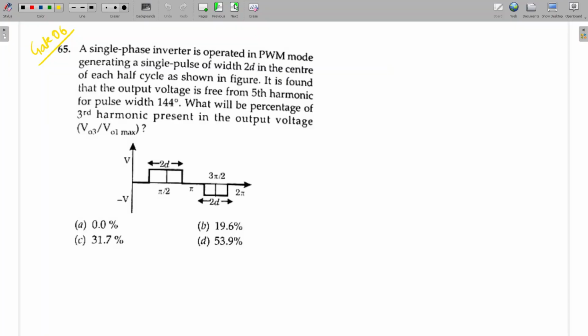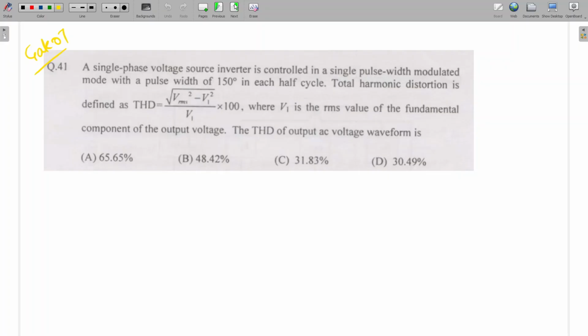Okay, so this question I will solve, but last I am taking some latest question. So this question, a similar kind of question, GATE 2007. What will be the TSD? Okay, 2D is equal to 150 degrees.